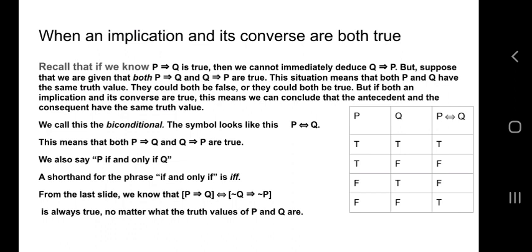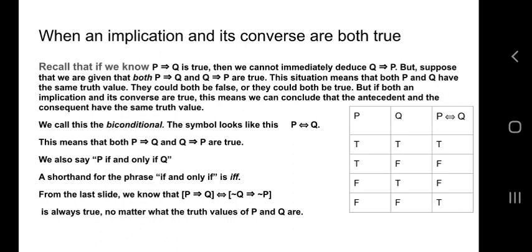Recall that if we know that P implies Q is true, we can't immediately deduce Q implies P, but suppose that we are given that both P implies Q and Q implies P are true. This situation means that both P and Q have the same truth value.